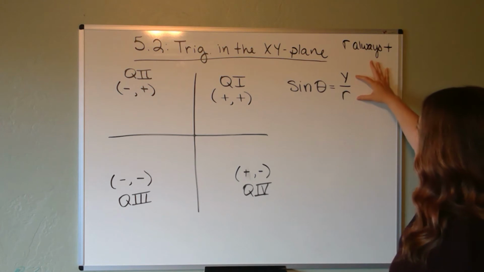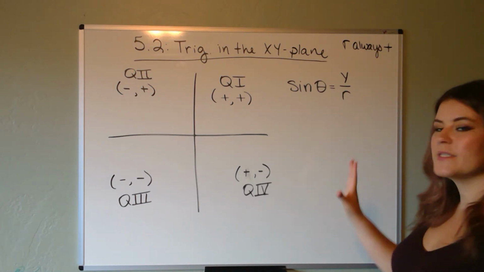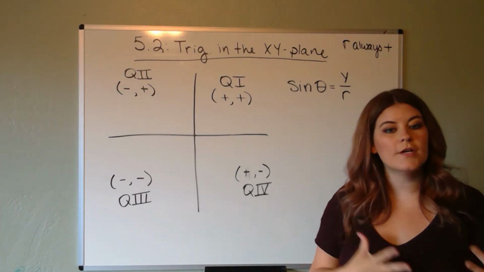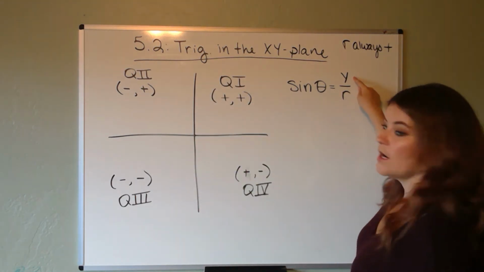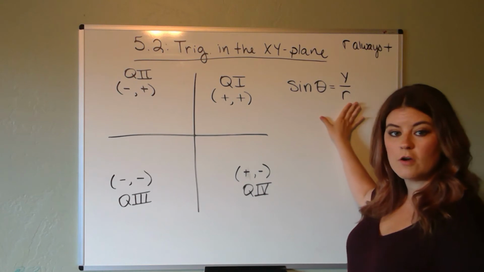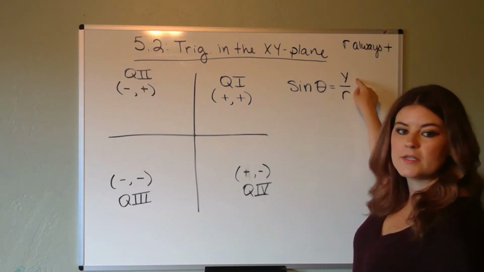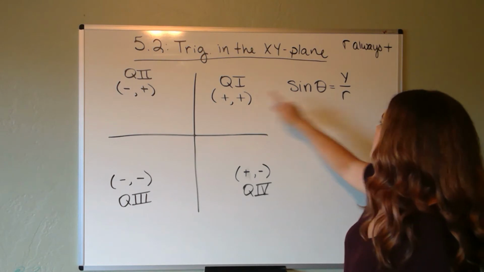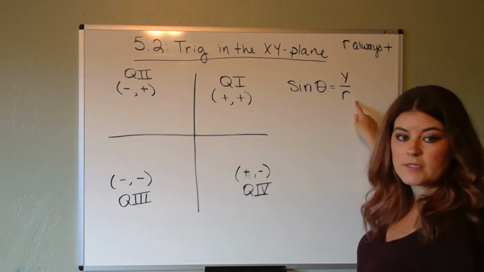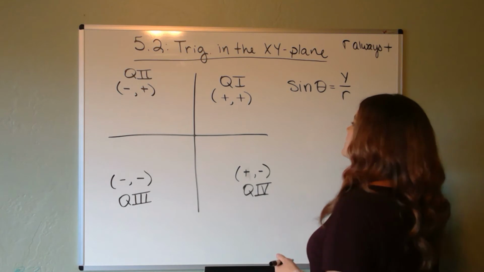All right, so y over r. Where would sine be positive or negative in each of these quadrants? Sine has a y and an r. Well, I know the r is always positive, so it'll really depend on what the y is. In quadrant 1, sine would be positive y over positive r, which means it would be positive there.